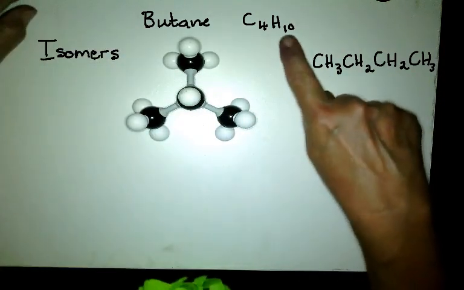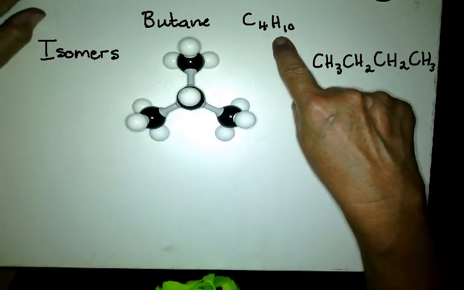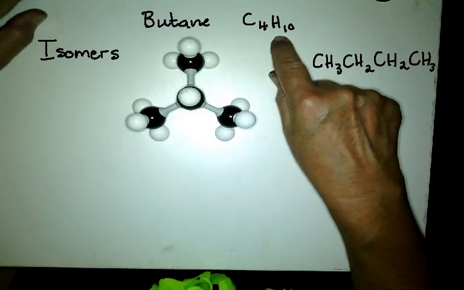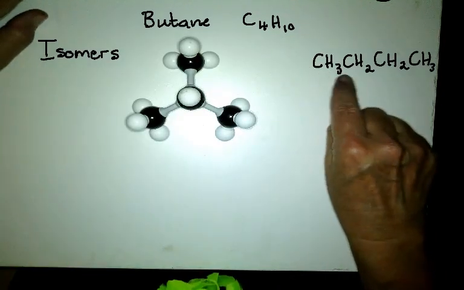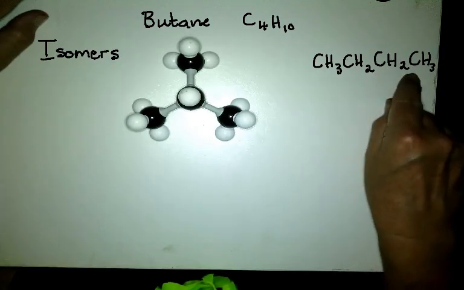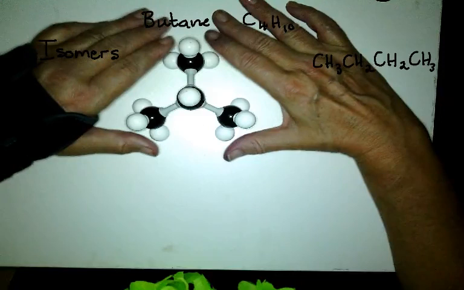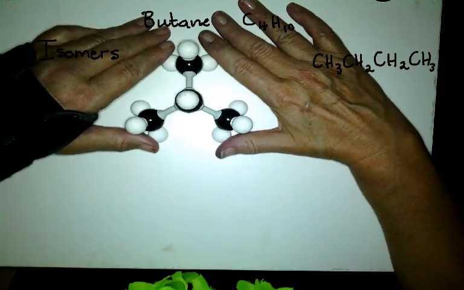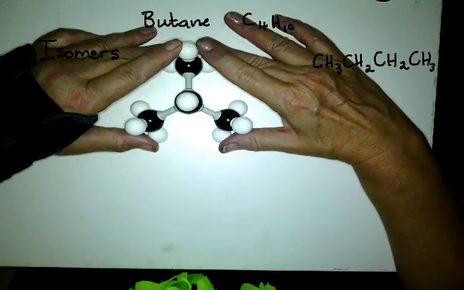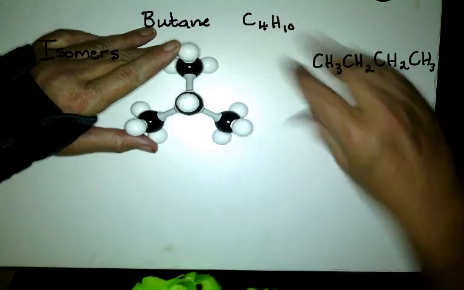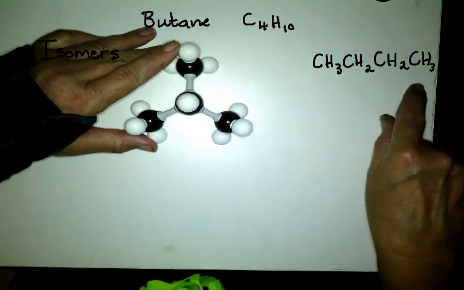So the molecular formula is still C4H10, but the arrangement of the atoms is different. And because of that, this molecule will have different physical properties to that molecule there.